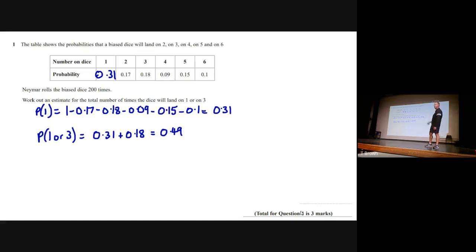It's 49 times out of 100, so out of 200, you would double that. That gives you 98. That's question 1, worth 3 marks. You'd hope you'd start that paper and get your 3 straight away. Any questions about that at all? I'll just give you a chance to write that down. I'm not rushing through.